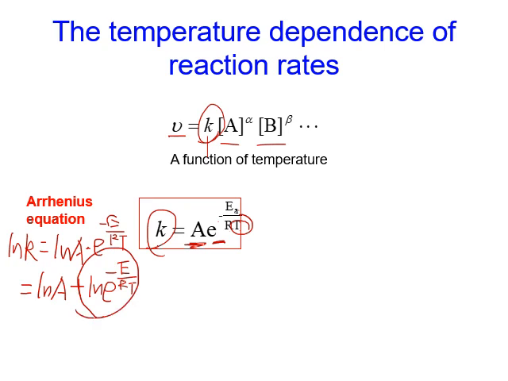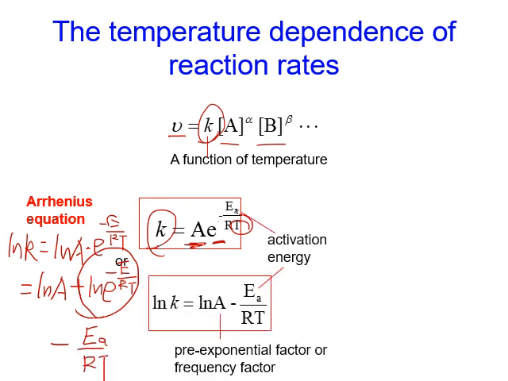And ln e to the negative Ea over RT is just negative Ea over RT. So we have another way to write the Arrhenius equation, and that is ln k equals ln A minus Ea over RT. Again, Ea is the activation energy, and A is called a pre-exponential factor or frequency factor.